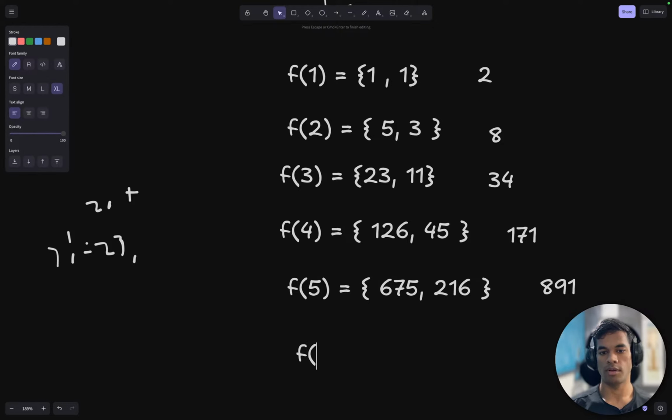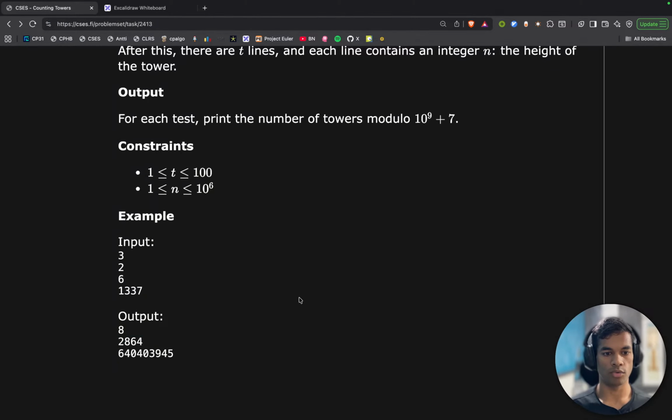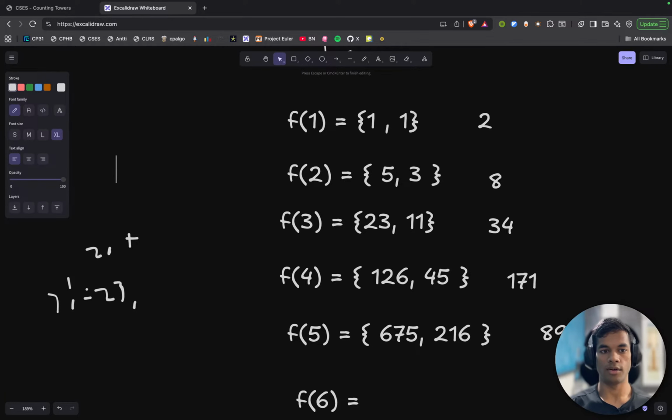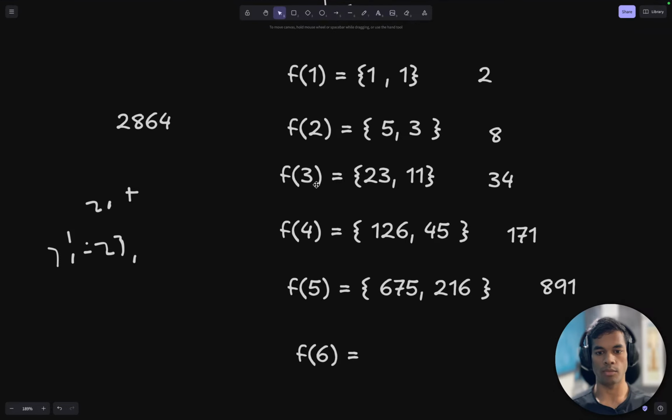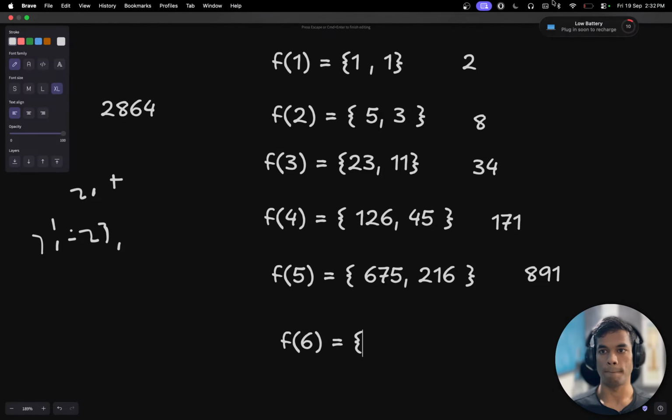Then F6. Okay, if our recursive formula is correct, we should get this number 202864. This is what we should get if the formula is correct. And let's see what we get. So this number multiplied by 5.